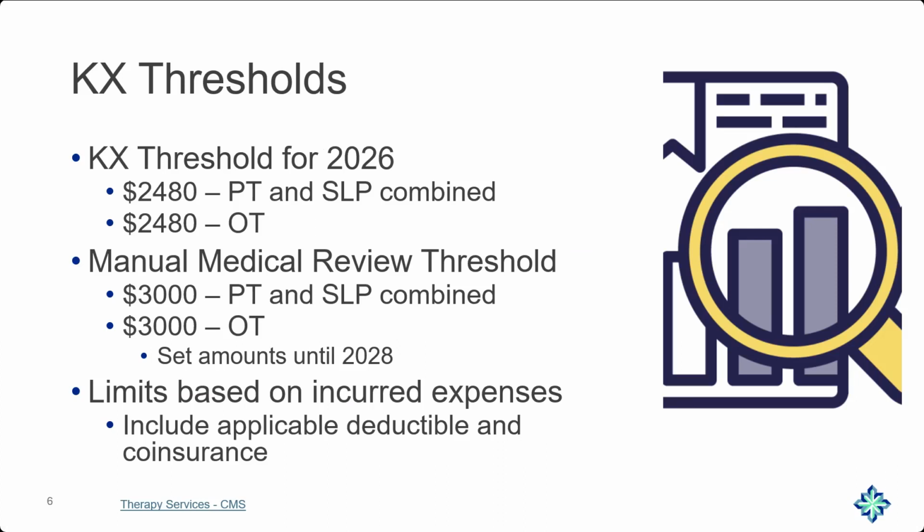So that threshold amount increases every year based on the Medicare Economic Index. And so again, that's adjusted yearly. For 2026, that lower threshold amount, or the amount where you have to append the KX, that's $2,480 for PT and SLP services combined, or physical therapy and speech language pathology combined, and the same amount, $2,480 for OT, or occupational therapy services.